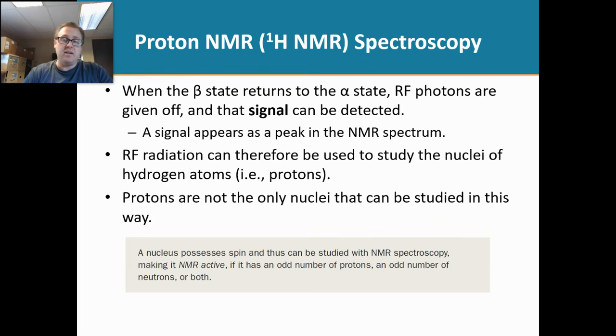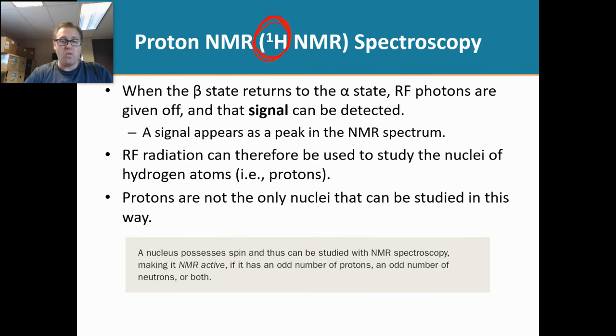The most common NMR that we use is called a proton NMR. And that's what this right here is showing us. H standing for the hydrogen atom, which is another way of saying proton. So hydrogen atoms are protons. So we call it proton NMR.